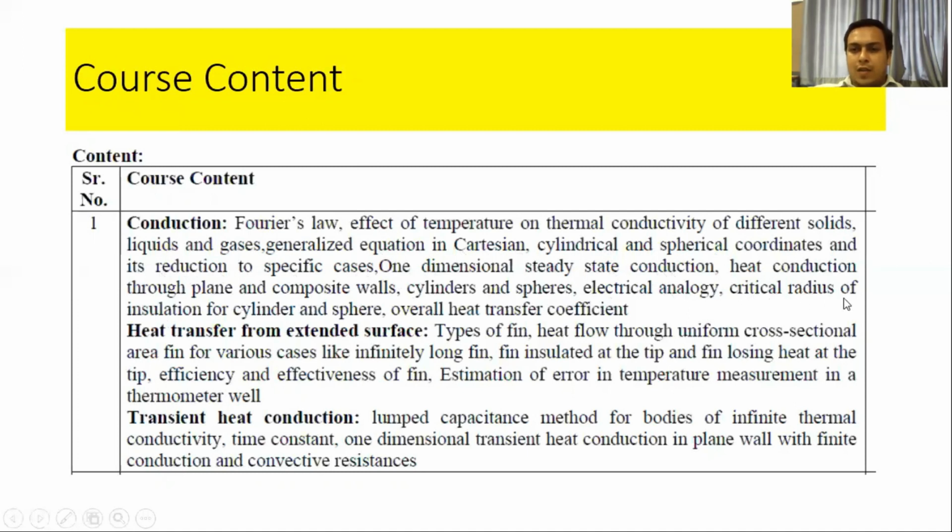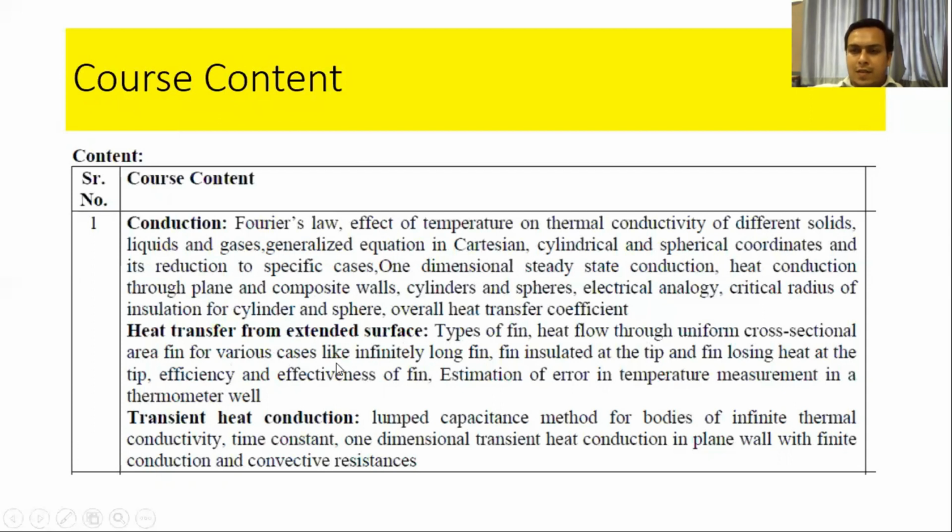Then you have to learn the critical radius of insulation for two different geometries, that is cylindrical and spherical. The second portion of unit number 1 is heat transfer from extended surfaces. In extended surfaces, first you have to learn the classification of fins, then the heat flow from uniform cross-section area fins.